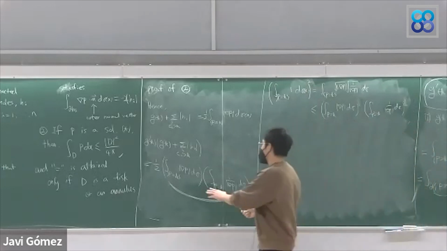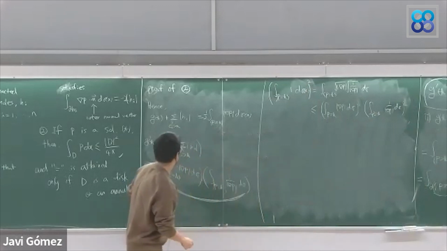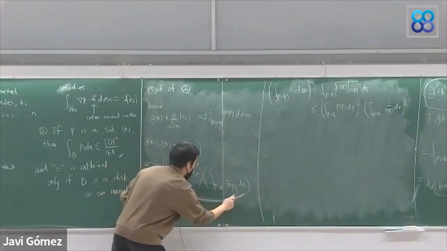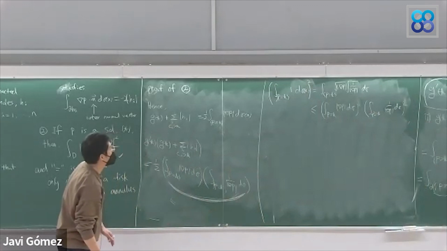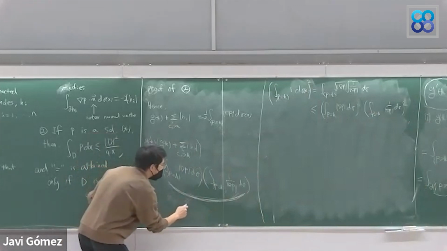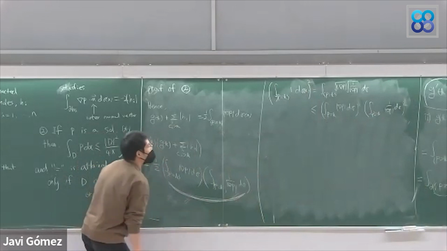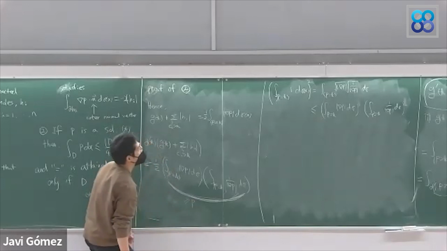Therefore, this guy is always bigger than or equal to the perimeter.